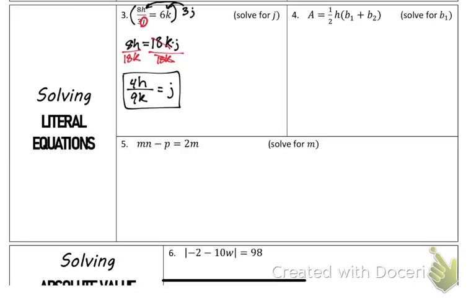If we look at this one, I need to get B sub 1 alone. Well, we could distribute this 1/2 H to both of those. But I'd be more inclined, since there's nothing on this side, to move this fraction to the other side. So once again, to get rid of a fraction, multiply by its denominator. So if I want to get rid of 1/2, I'm just going to multiply both sides by 2.